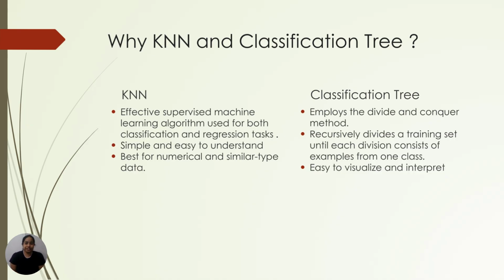The classification tree is also a supervised machine learning algorithm which works for both classification and regression tasks. It is a decision tree algorithm, in which the data is classified into categories to predict whether the water is safe or unsafe.